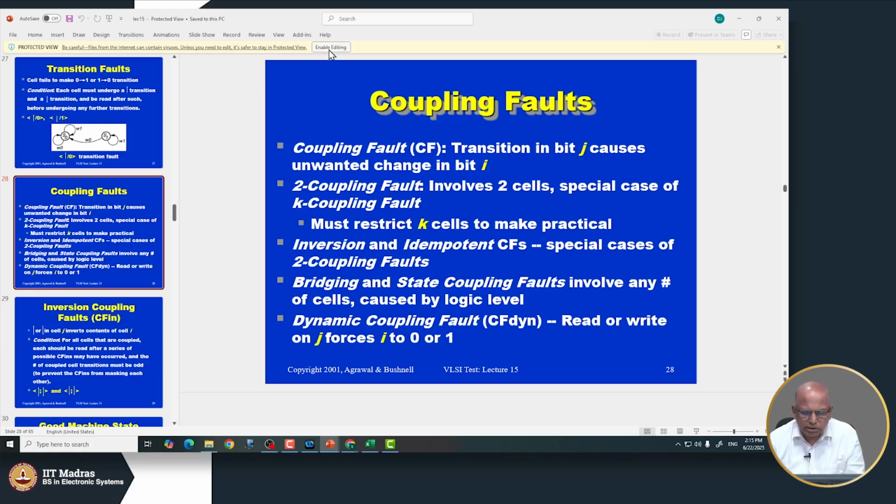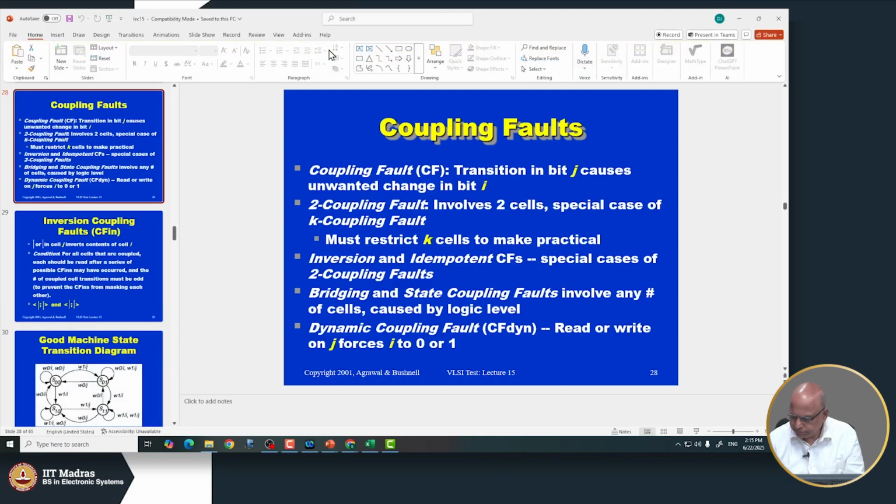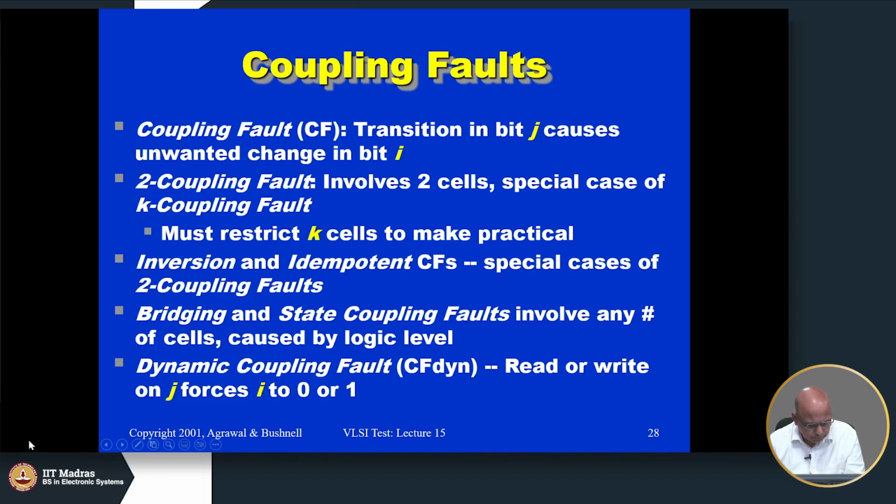Maybe we are looking at j as an aggressor and I as a victim. So, let me enable the editing here. There are two cells, I and j. You try to write or do something here, as 0 to 1 or something like that. The transition in bit j is going to cause something in I. So, this can be thought of as an aggressor and this is a victim.